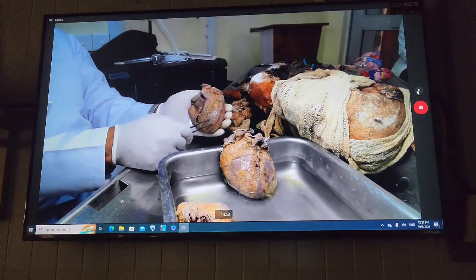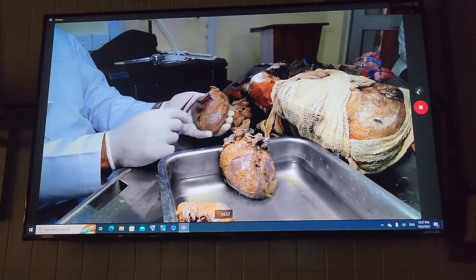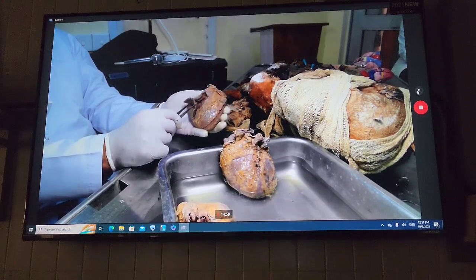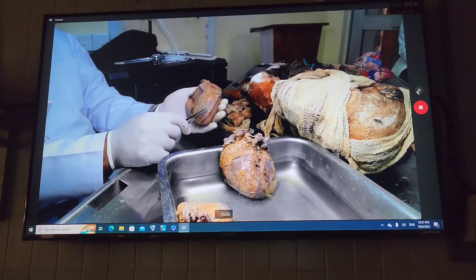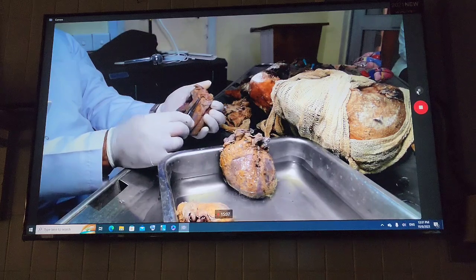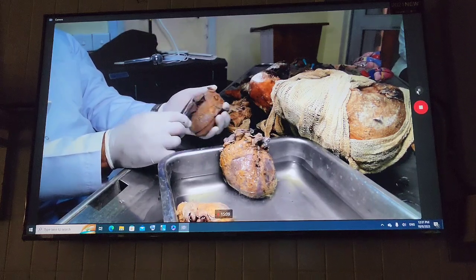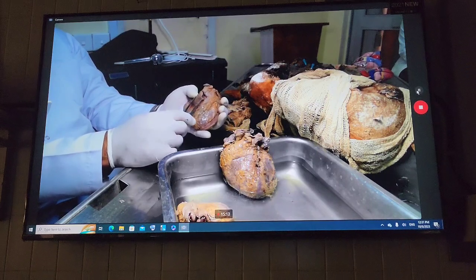This is the anterior view. This is the right atrium, right ventricle, left ventricle, and that is the auricle of the left atrium. So now I will open the right ventricle.